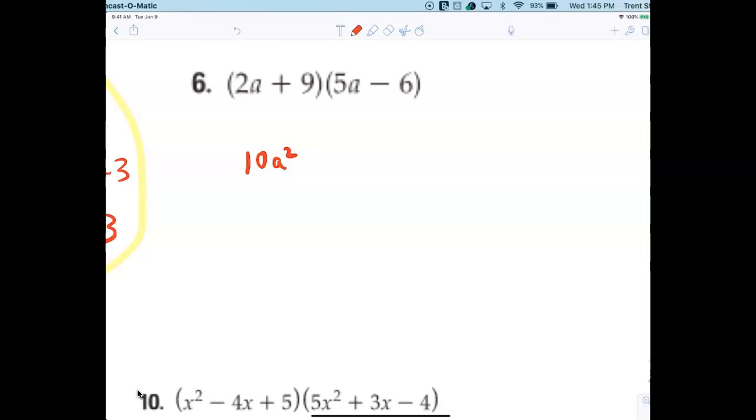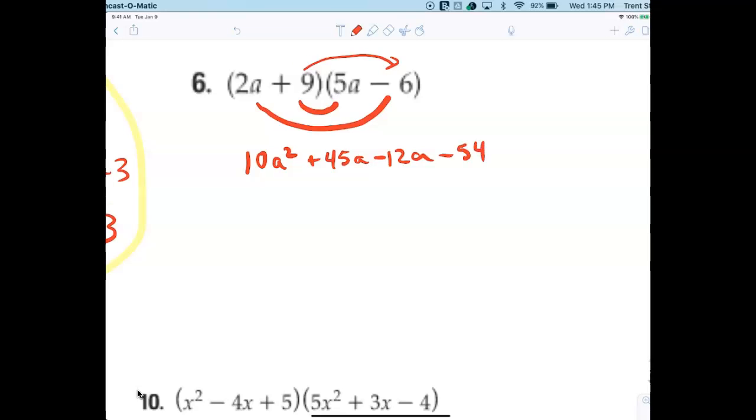Now we're going to put the smiley face in. The first smiley face goes here. It's how much? 45a. So I put a positive 45a down. Then I put the second smiley face. What's that? Negative 12a. And then we always are multiplying the two constants, or 9 times negative 6, which is negative 54.